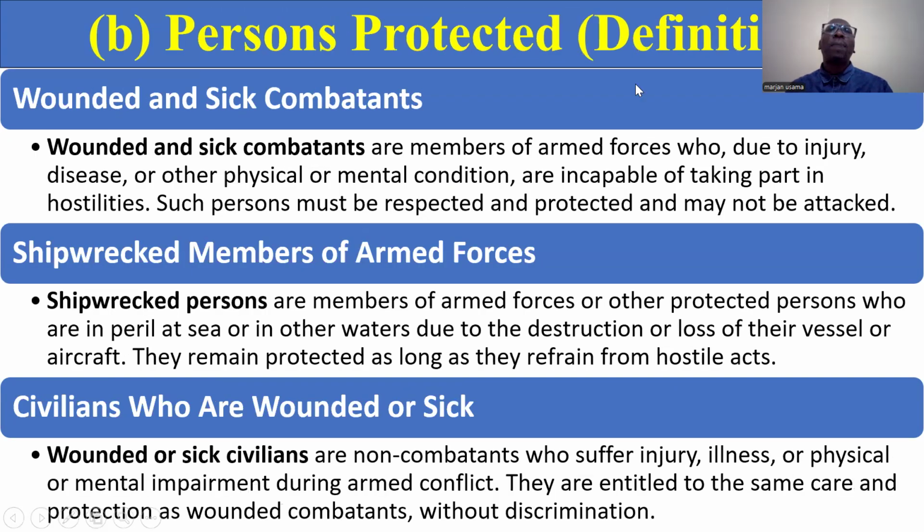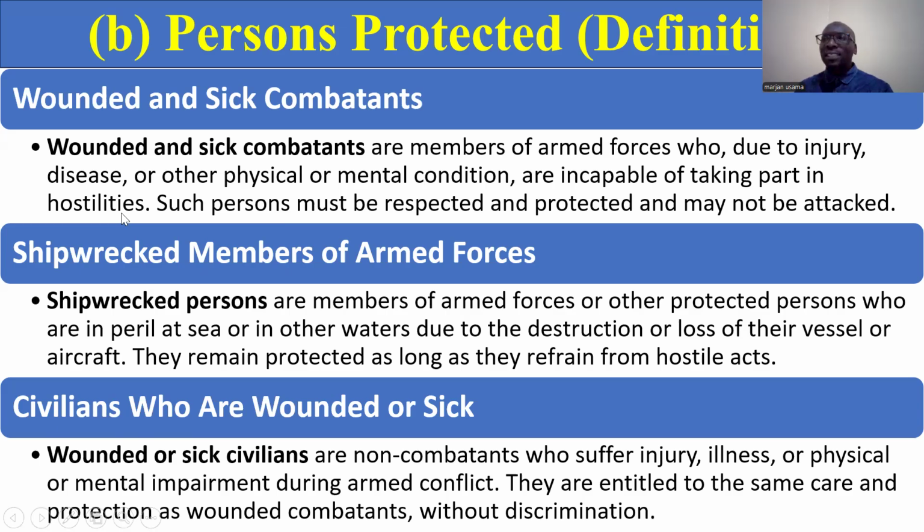Now, the persons protected, what is the definition of those people who are protected? Number one, wounded and sick combatants. Wounded and sick combatants are members of armed forces who, due to injury, disease, or other physical or mental condition, are incapable of taking part in hostilities.